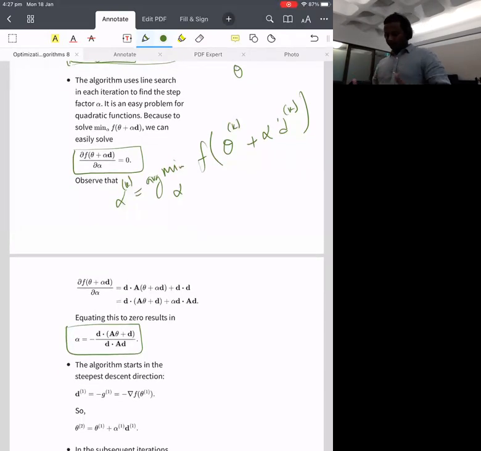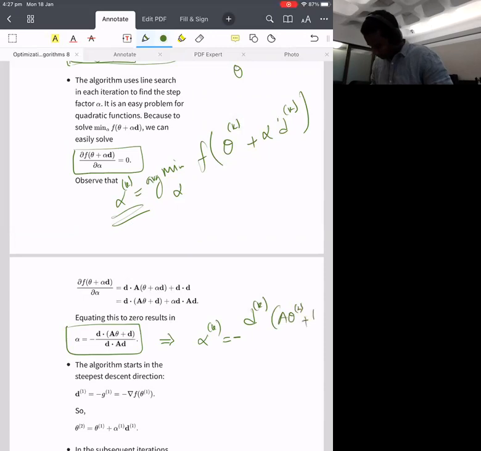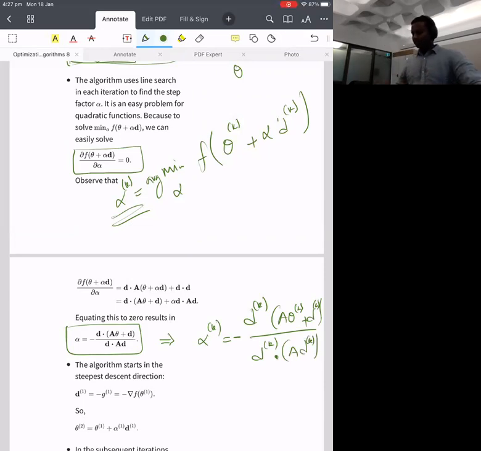For quadratic functions, computing this alpha becomes very easy. In fact, in the kth iteration, alpha k is the dot product of d k with the gradient at theta k, divided by dk dot product with A dk. This is the formula, and it's easy to compute.